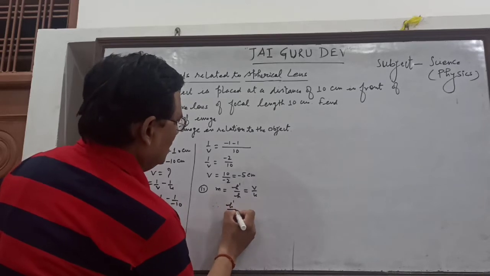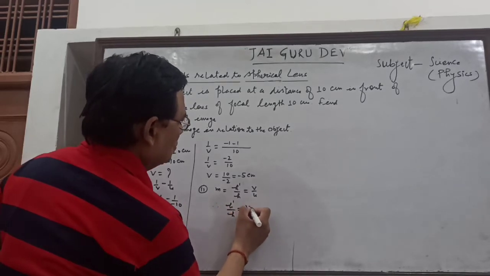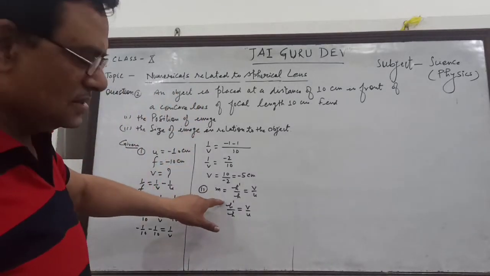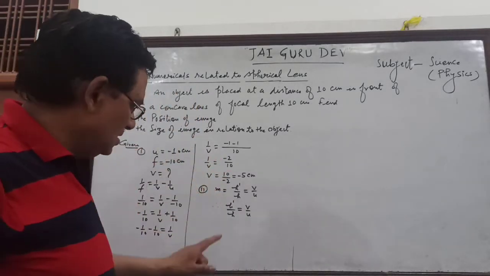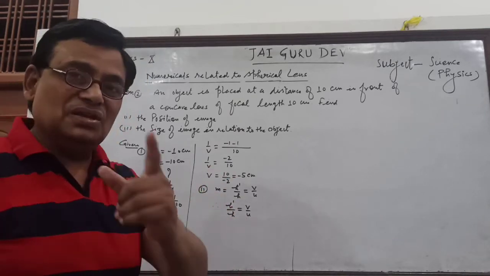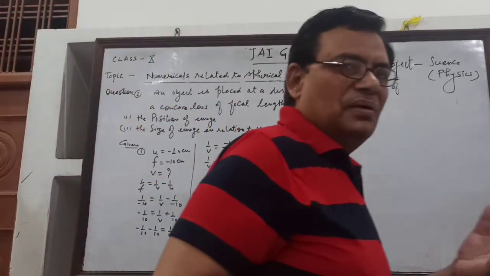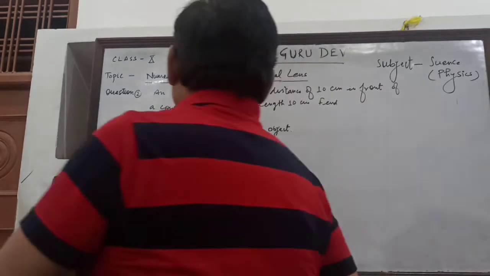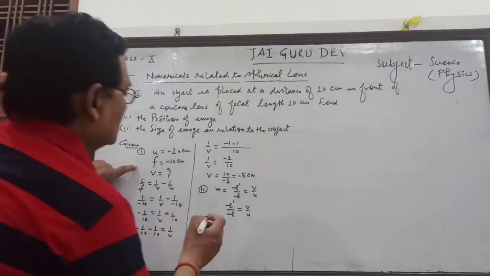Therefore, h dash upon h is equal to v by u. Are you all clear? H dash, height of the image; h, height of the object; v, image distance; u, object distance.